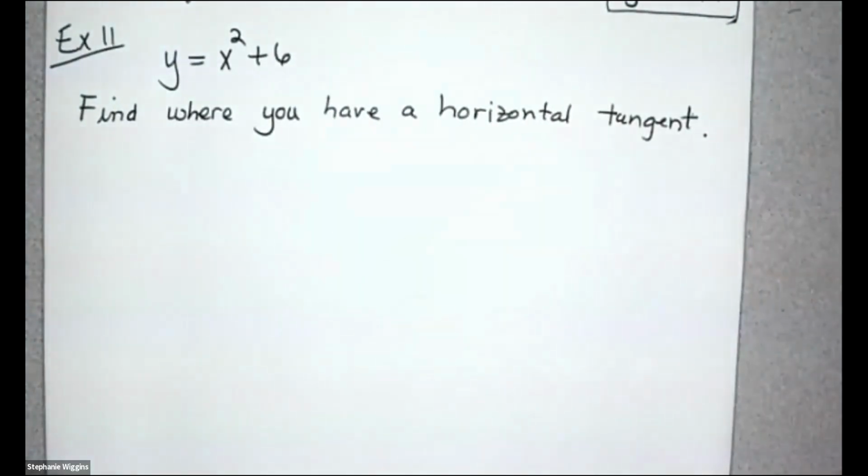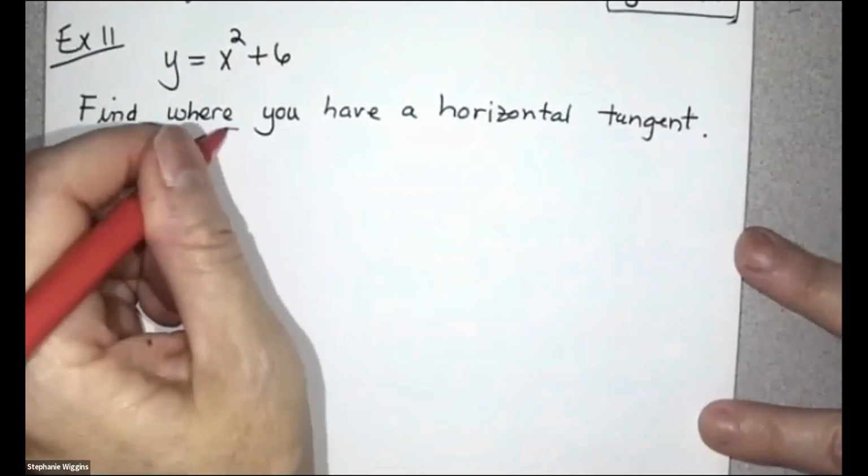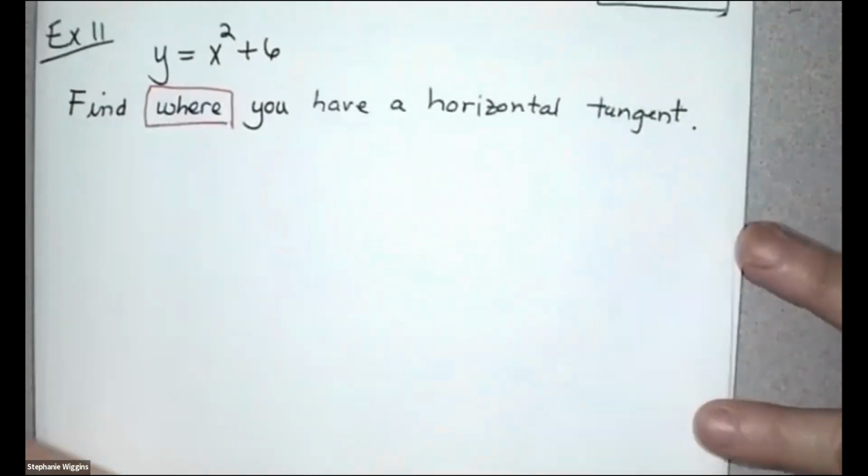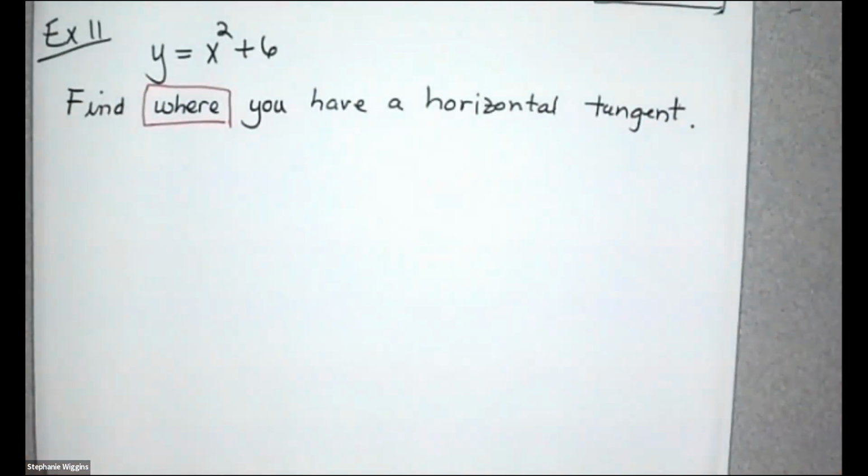Okay, so there are some key words here, all right? First off, it's saying where. In mathematics, whenever you're asked where, almost all the time, it means you're looking for an x value, especially if you're talking about a function, okay?